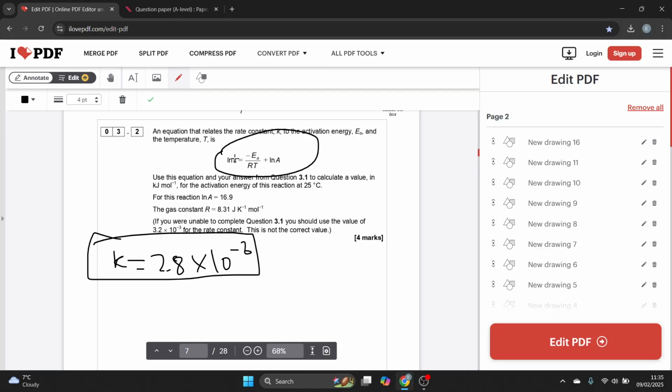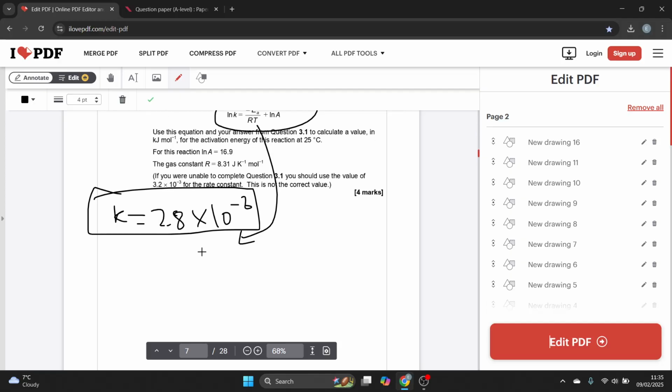Or what I can do instead is, so I can say minus EA over RT plus ln A minus ln K equals 0.